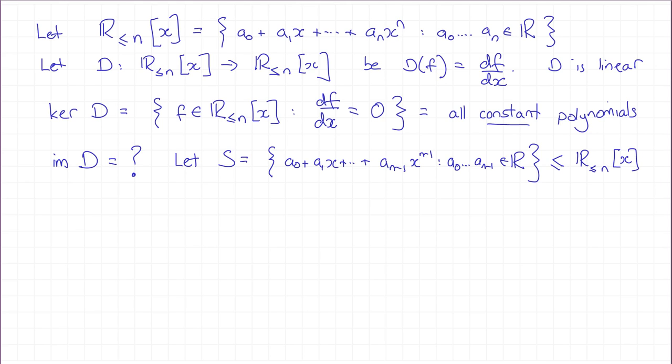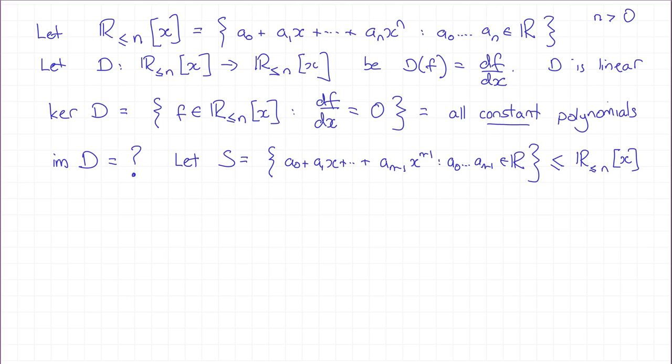And if you add two polynomials of degree at most n minus 1, well, you can't increase the degree, so the degree is still at most n minus 1. And certainly the 0 polynomial is in there as well, because that has degree at most n minus 1. I guess I've got a hidden assumption here, which is that n is going to be some number greater than 0. So S is certainly a subspace here.